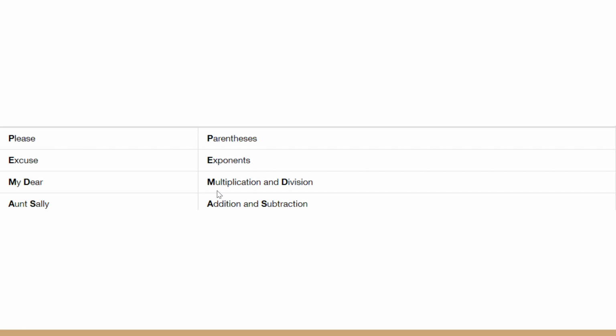You can divide first and then multiply, or you can do the multiplication first and then do the division. It doesn't matter. And same with addition and subtraction. You can do the addition first and then do the subtraction, or you can do the subtraction first and then addition. This is one way you can remember the order of it, but if you already remember it, you don't have to remember this. Please excuse my dear Aunt Sally.